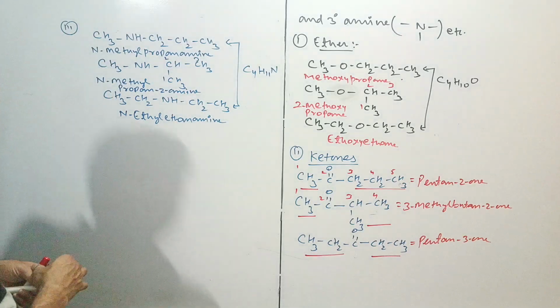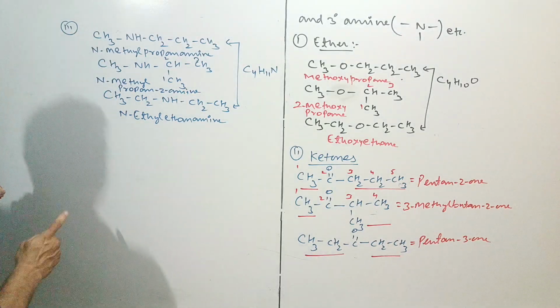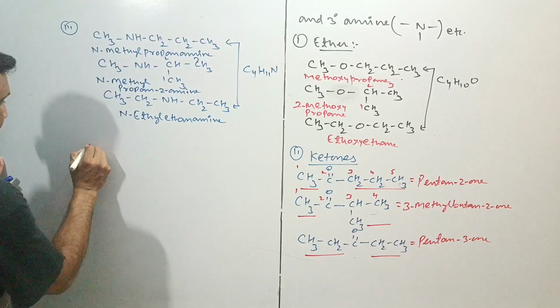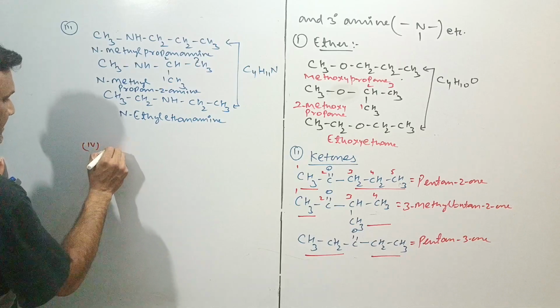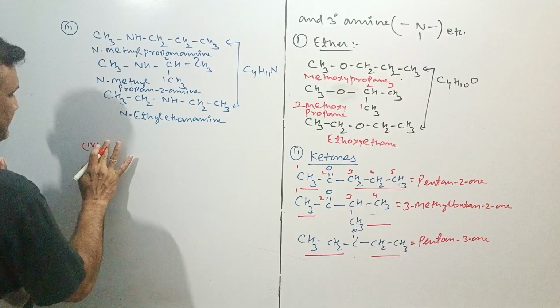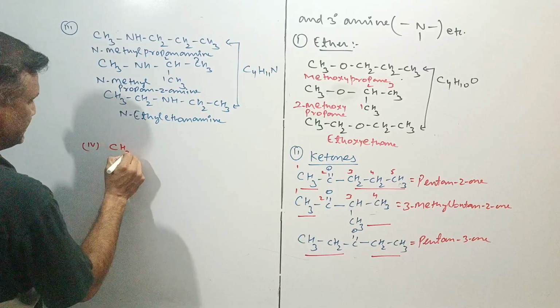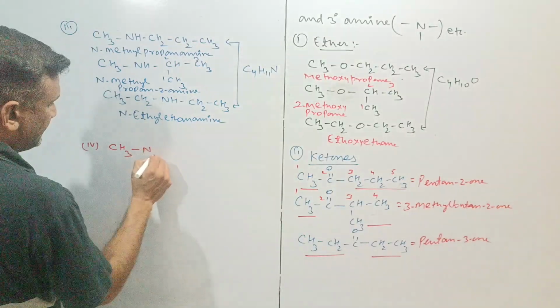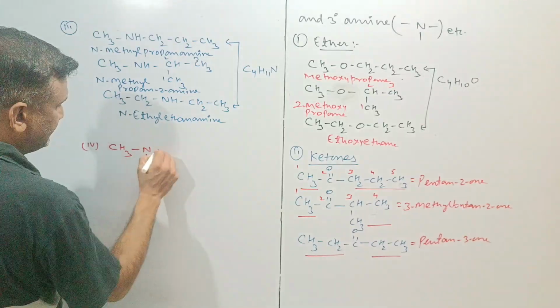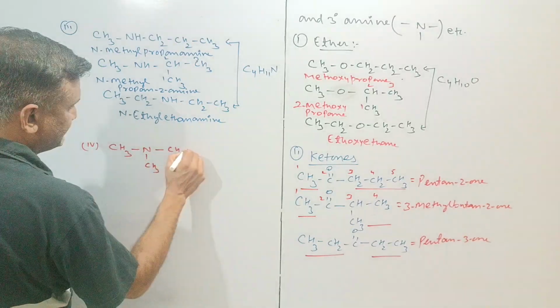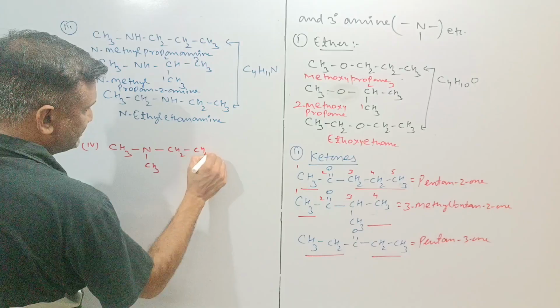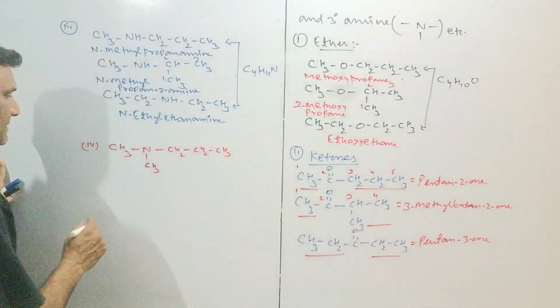Now I would like to go with the next example, a 3-degree amine. Fourth example. This is regarding 3-degree amine. So suppose this is CH3, N, CH3, and CH2, CH2 and CH3.